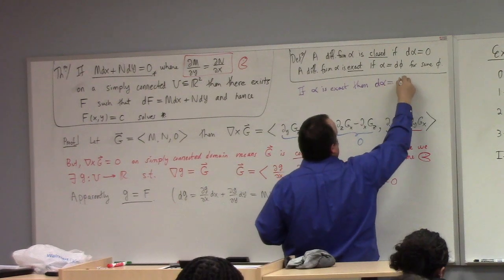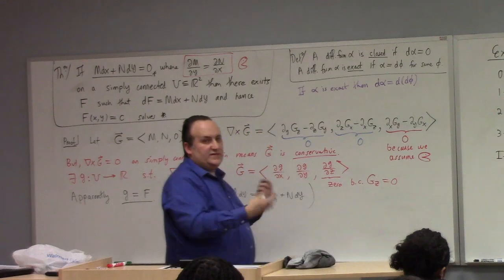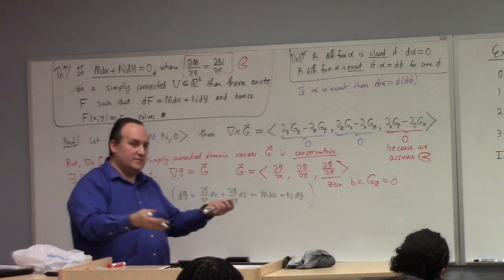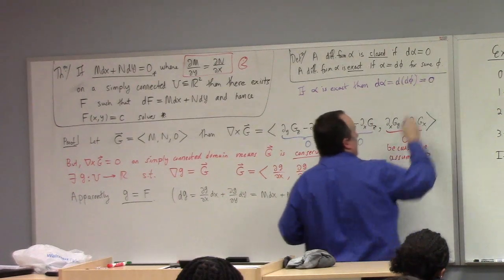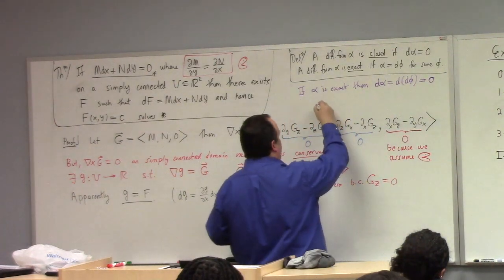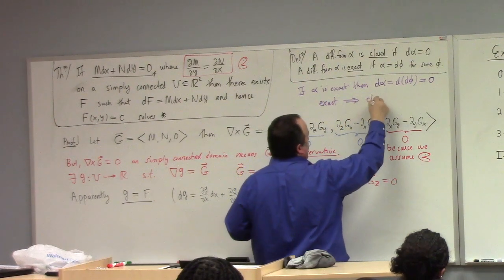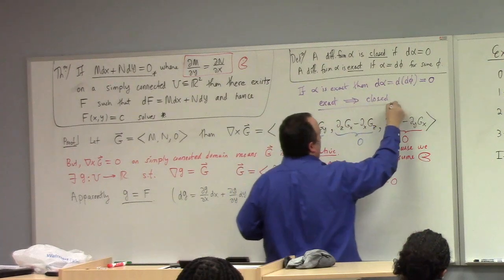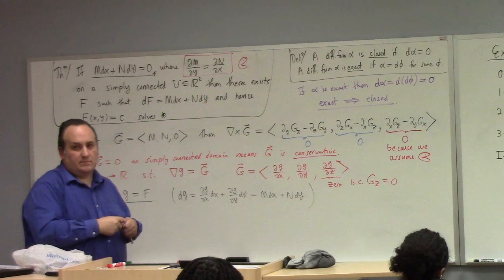It's actually d of d phi, which is d squared, which I'm telling you, an identity of the exterior calculus, is 0. So what this is to say is that exact implies closed.